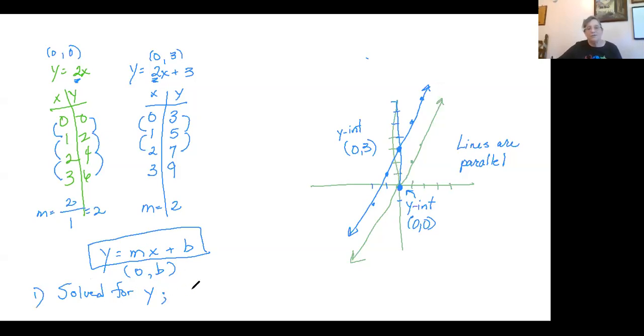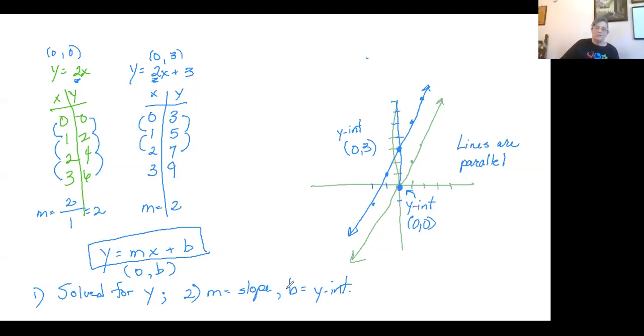Only in the case where it's solved for y will m, the coefficient of your x value, be your slope, and b will be your y-intercept.